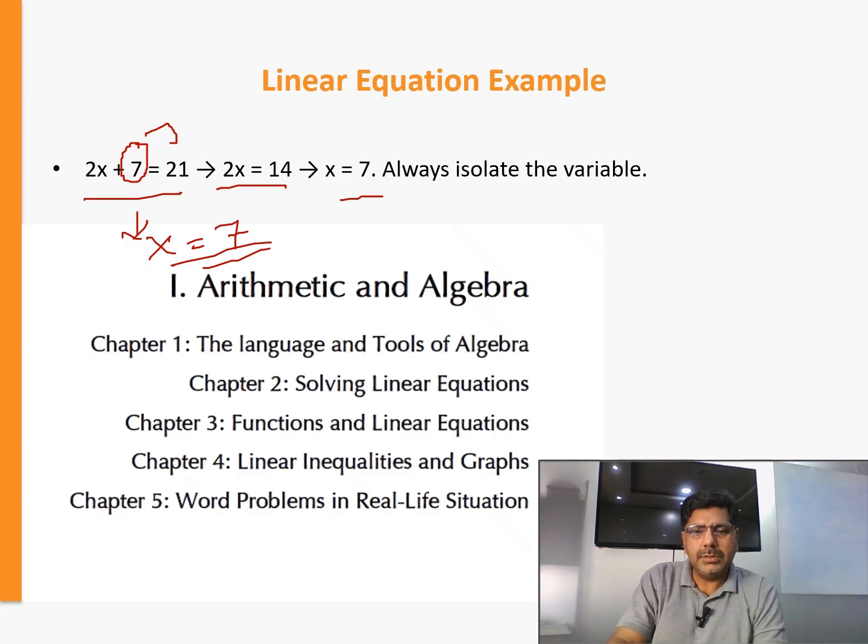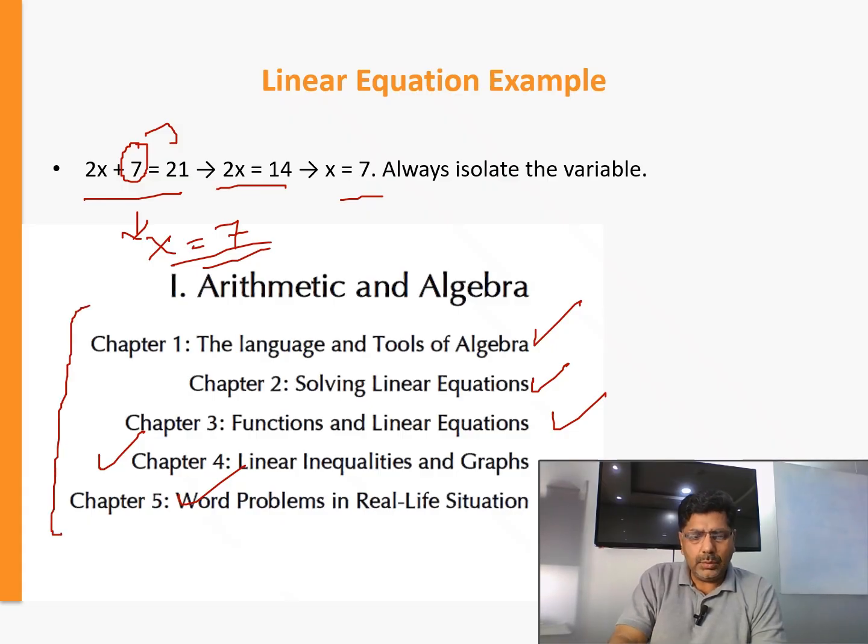So: chapter number 1, linear tools; chapter number 2, solving linear equations; chapter number 3, functions and linear equations; chapter number 4, linear equations; and chapter number 5. Why did I separate these 5 chapters? If you cover them, it means you are covering around 45% of the SAT math.